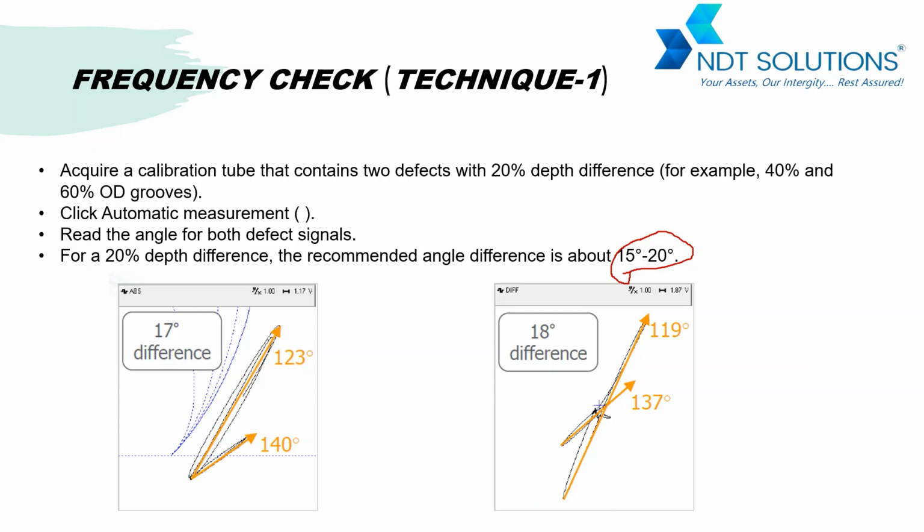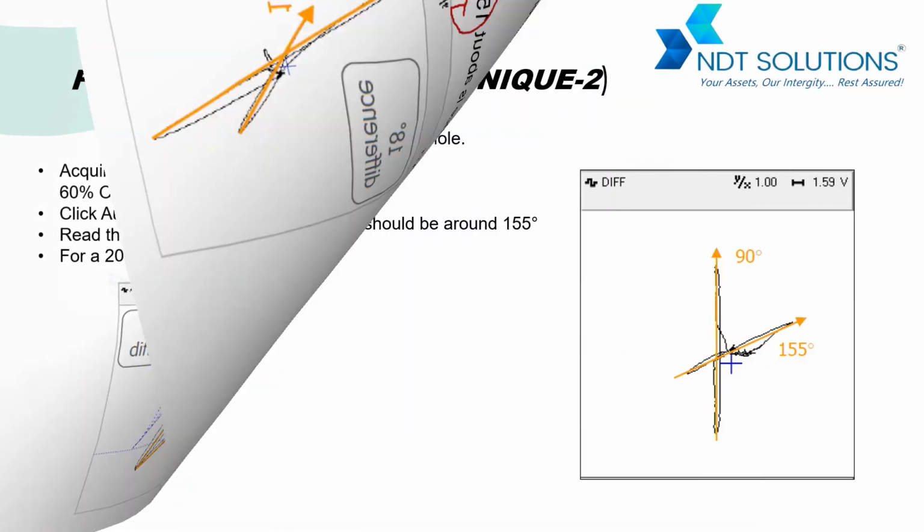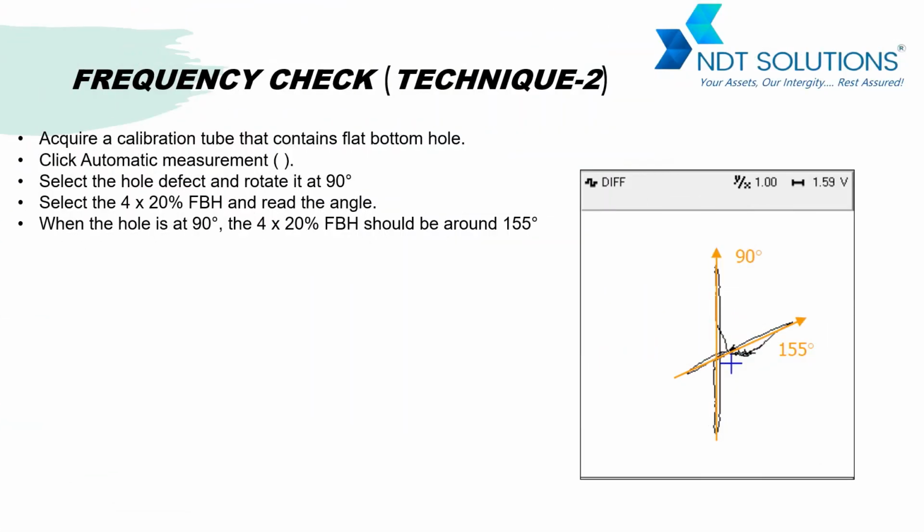Then what does the second technique say? Let us say we have flat bottom holes of 20%, 40%, 60%, and of course a through hole. We need to pull the data and rotate the through hole to 90 degrees, and then check the phase of the 20% flat bottom hole.